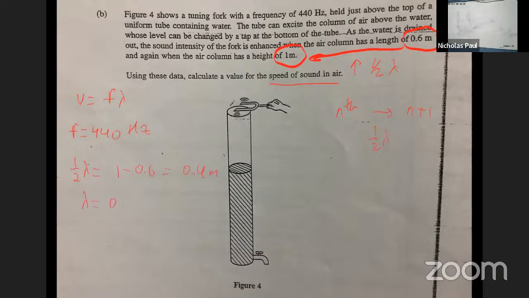So a whole wavelength will be 0.8 meters. Therefore, the speed will be 440 multiplied by 0.8, which is 352 meters per second.